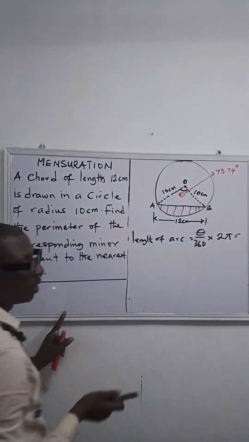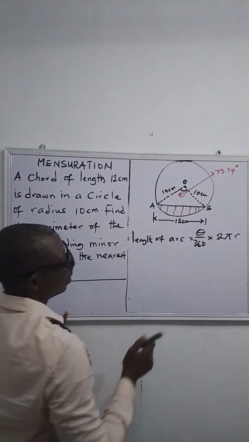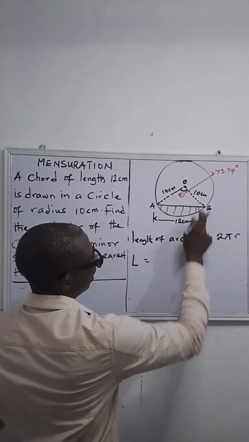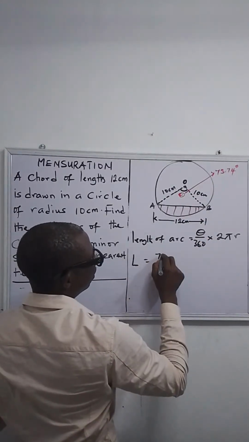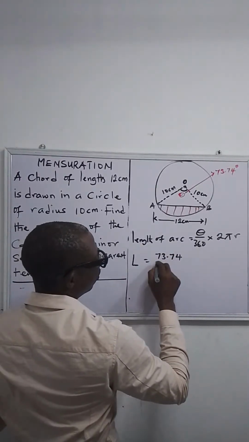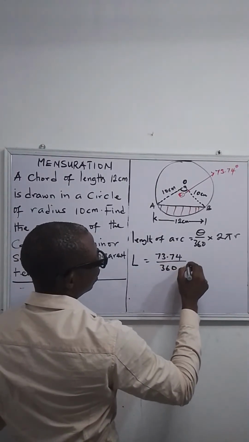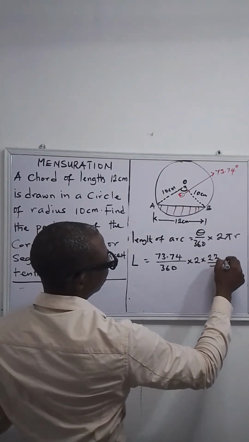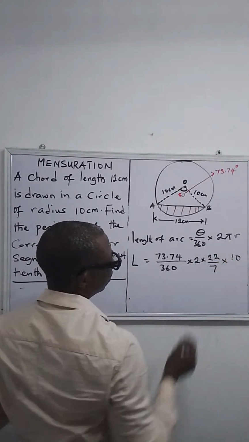So this is the formula for calculating length of an arc. So we have length of arc equals theta, which is 73.74 over 360 times 2 times 22 over 7 times r, which is 10.